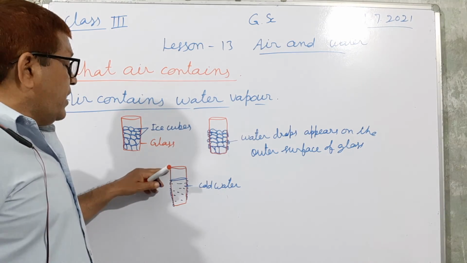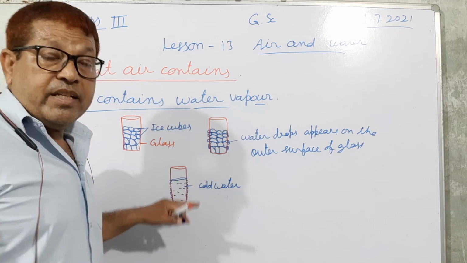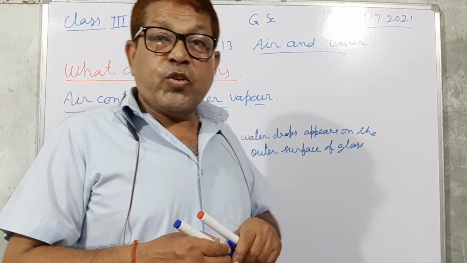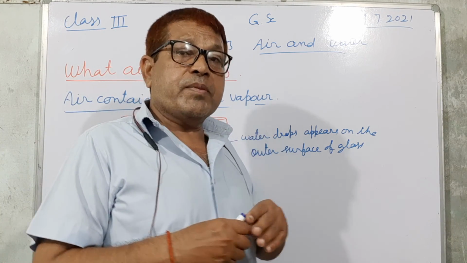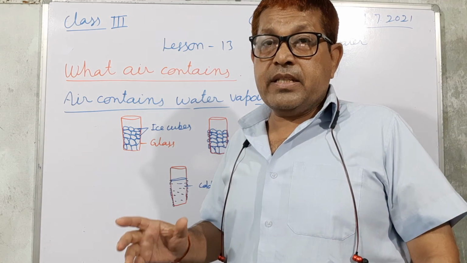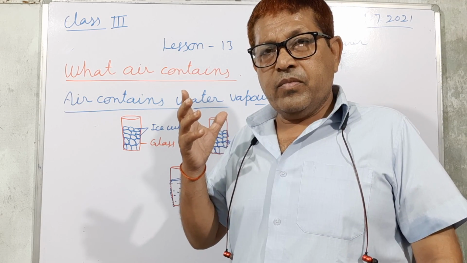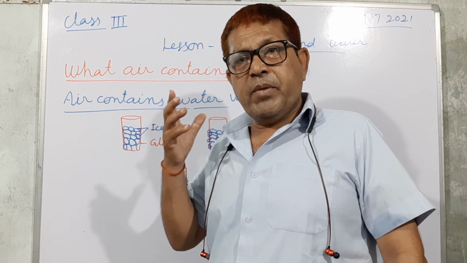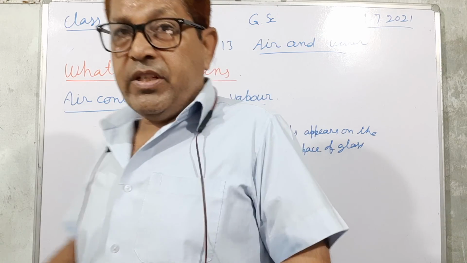Water drops are not found at this level, only at this level, because water is there and the water is extremely cold. So water drops appear here as water vapors condense. So thank you, that's for today only.